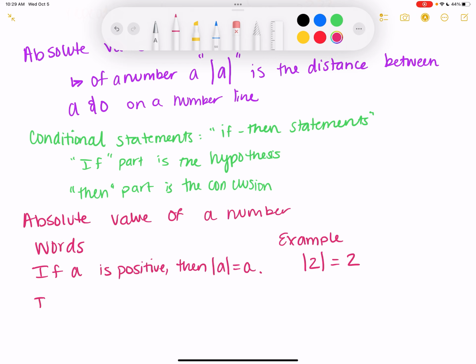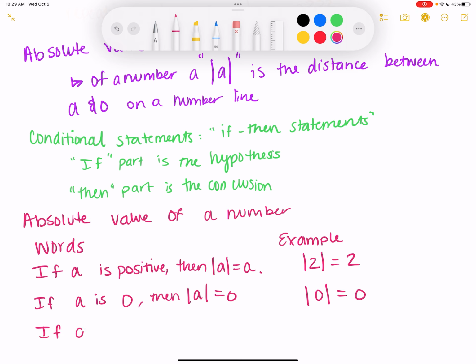Next one, if A is 0, then the absolute value of A is equal to 0. The only way for this one to be true is if we have the absolute value of 0 is equal to 0. The other one, it could be any positive number.